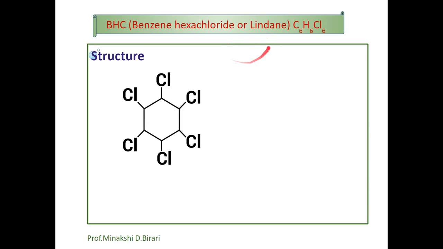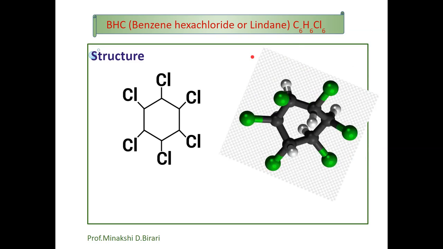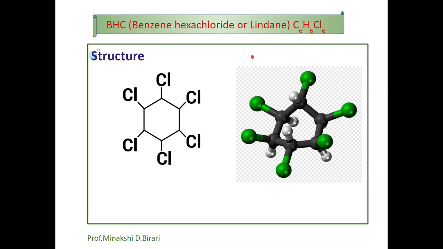So BHC, lindane, gamexane are also 666. These are the common names related to this agrochemical. So we should remember the molecular formula and also the structure for benzene hexachloride.